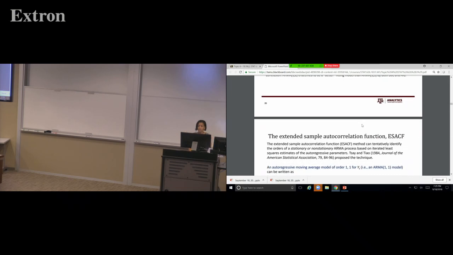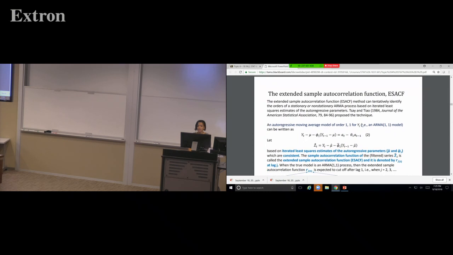So luckily, there are two gentlemen, Tsay and Tiao, I hope I'm not butchering their names, who in 1984 came up with two techniques to help us tentatively come up with a model idea for P and Q in ARMA models. And so Tsay and Tiao in 1984 in the American Statistical Association proposed a technique.